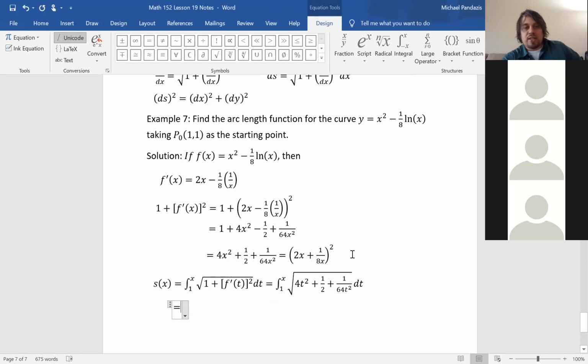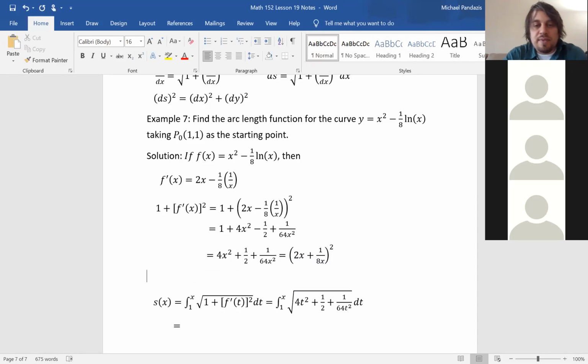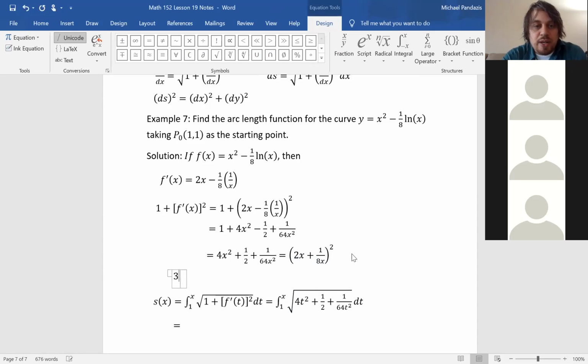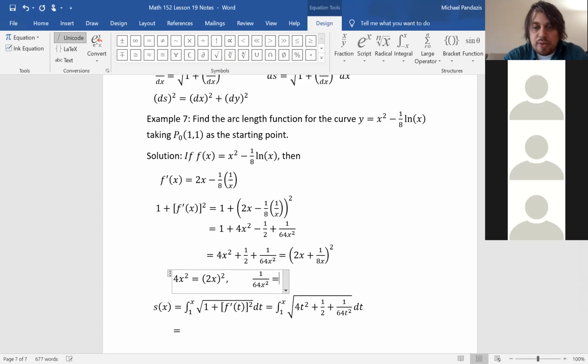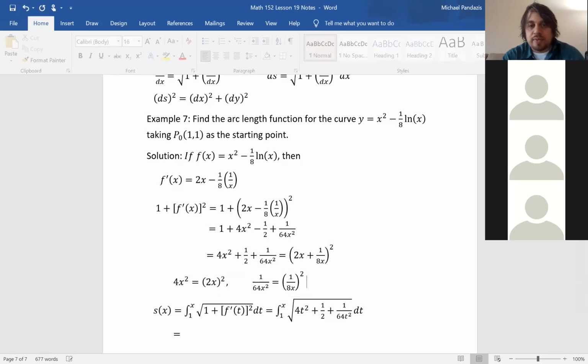We express this as this squared. The way you visualize that is that the leading term, 4x squared, is equal to 2x squared. The 1 over 64x squared is equal to 1 over 8x, squared.